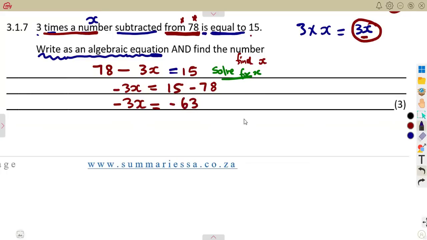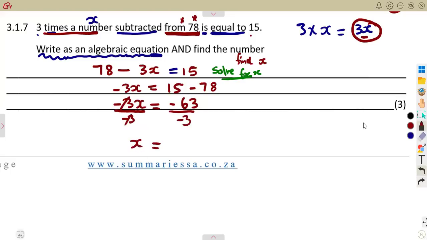Take note, this negative 3 is still there. It does not disappear, because you took the 78 to the other side. This does not give us the power to remove this. No. There is still a negative there. Then we remove the negative 3 by dividing.